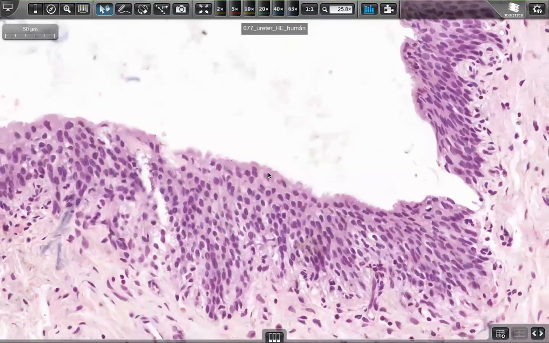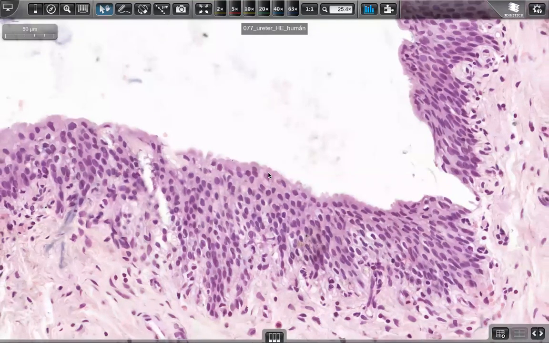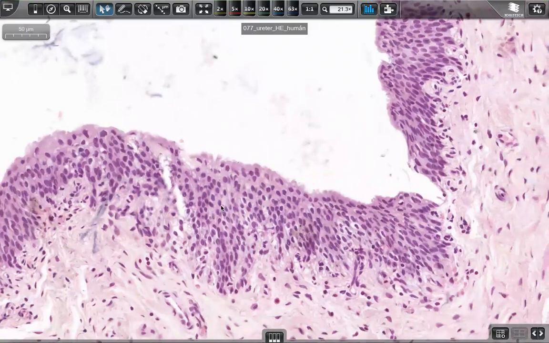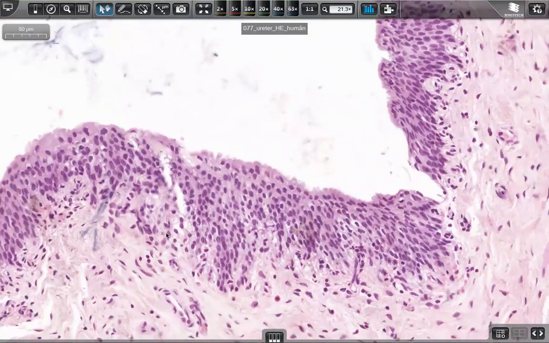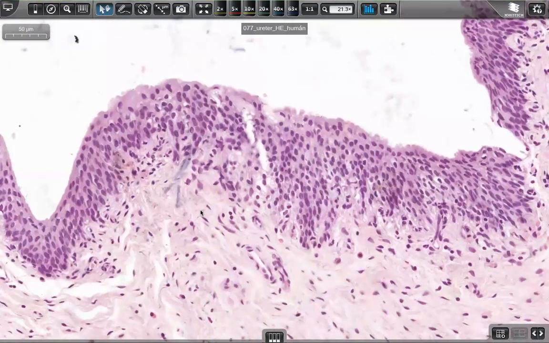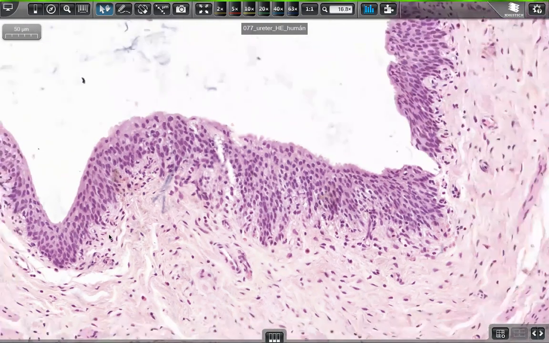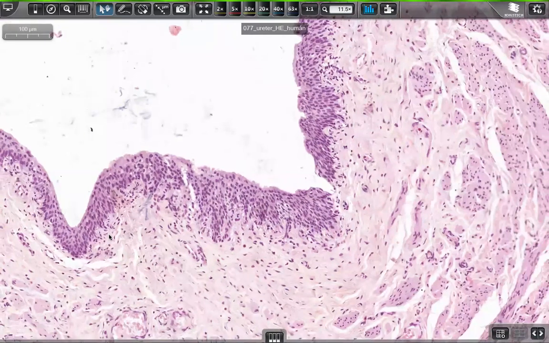So that's the lining epithelium. And then when we are looking at the structures underneath, there is a lamina propria. Here. Let's look at that.